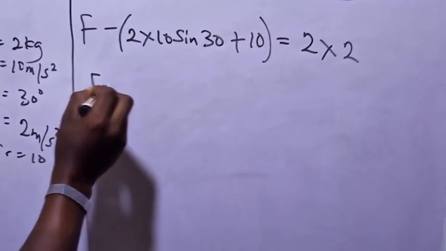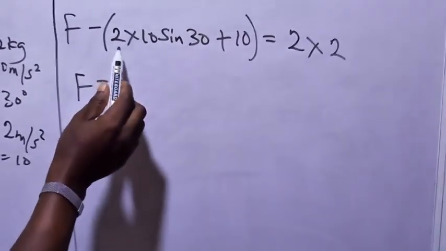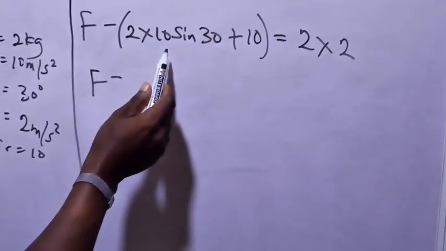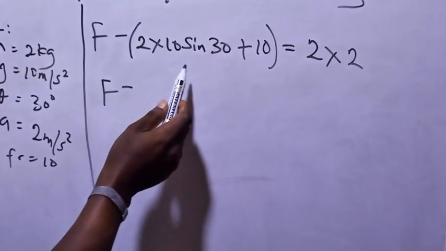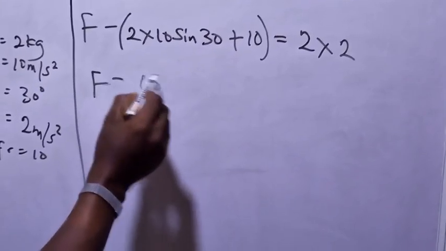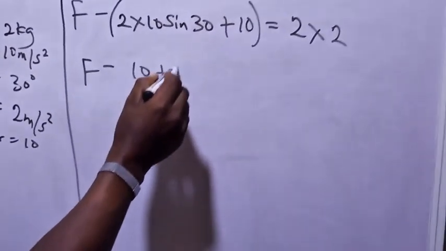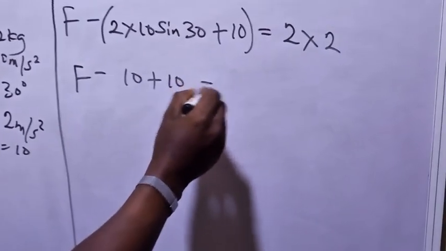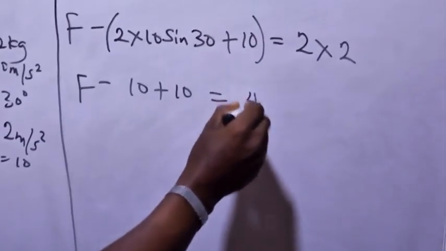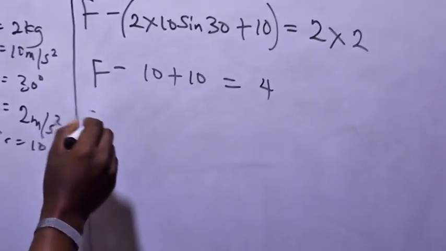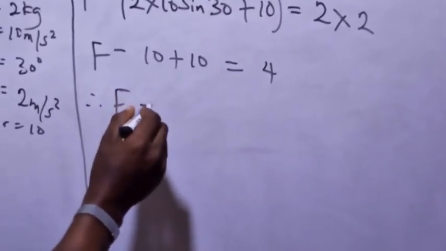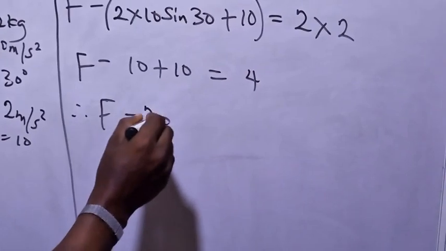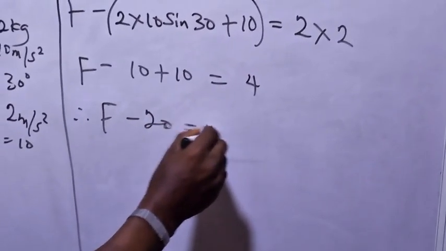Now if you multiply 2 times 10 sine 30, it gives you 10, plus 10. This equals 2 times 2, which is 4. Therefore, you have force minus 20 equals 4.